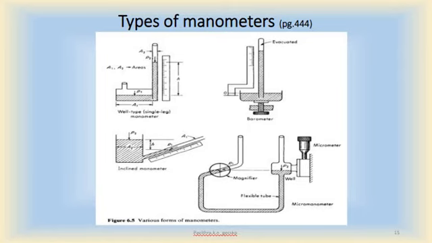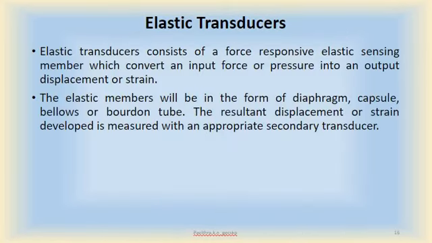Now let us move on to elastic pressure transducers. These elastic transducers consist of a force-responsive elastic sensing member, which converts an input force or pressure into an output displacement or strain. And the pressure is recorded by measuring the output displacement or strain by some other means.